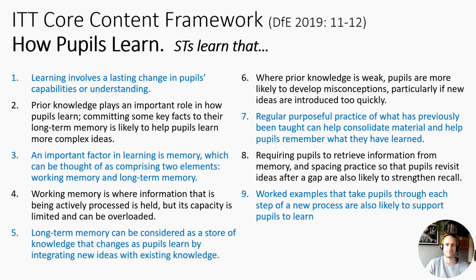In terms of how pupils learn, these are the learn-that statements for how pupils learn, one of the sections, and it is very much about cognitive processes. As you can see here, it's about memory, working memory, long-term memory, the sequencing of knowledge acquisition, and then some strategies: practice, information retrieval, spacing of that, and worked examples.